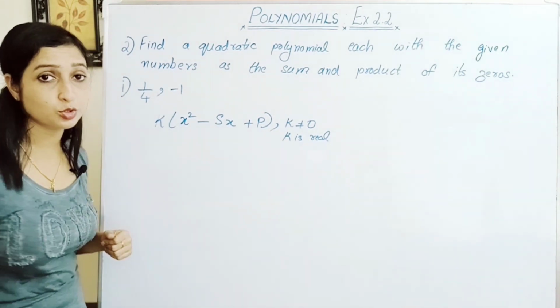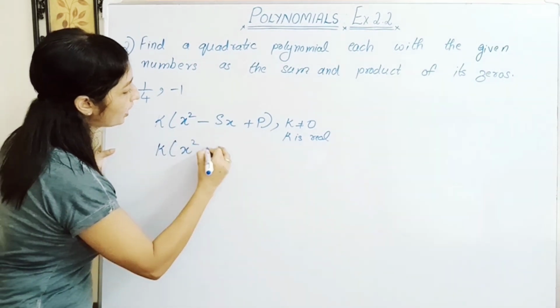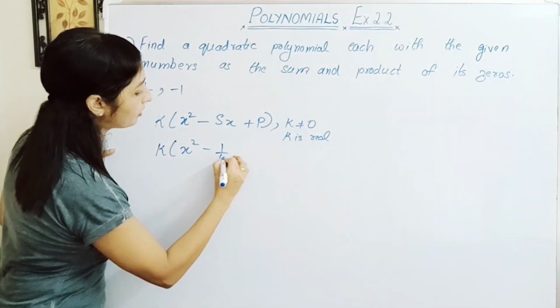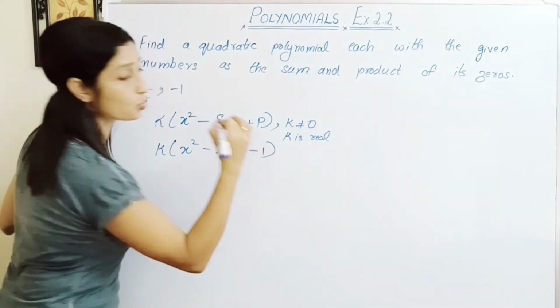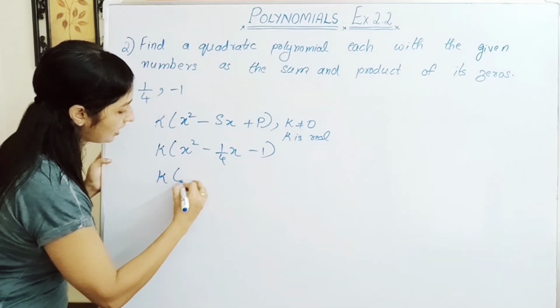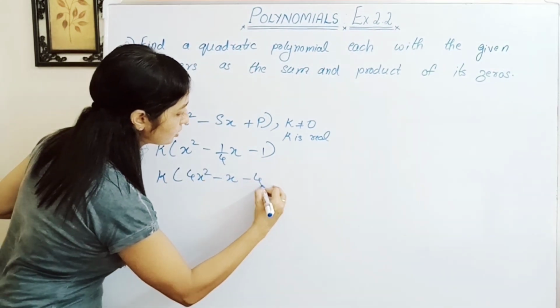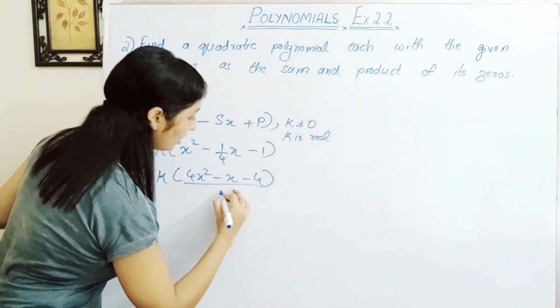So now I'm going to substitute the value of s and p here. So I get it as k into (x square minus 1 by 4 x minus 1). Now I'm going to find the LCM. So I get k into (4x square minus x minus 4) by 4.